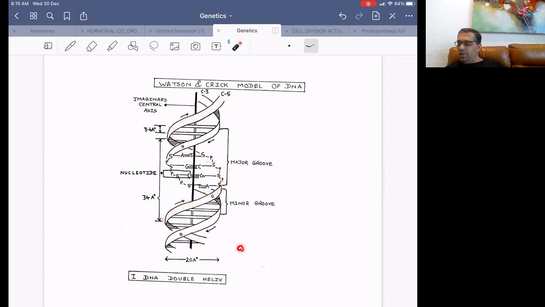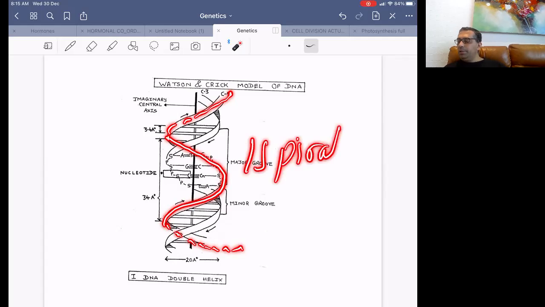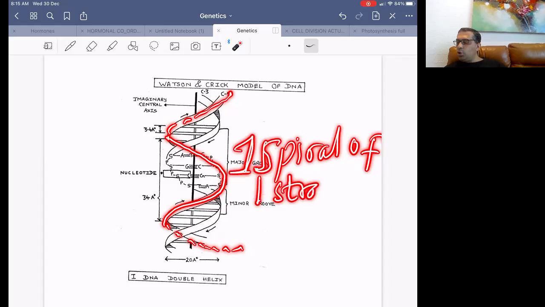So this is another spiral, this is another spiral, and this is one spiral of one strand, which is called the pitch of the DNA.